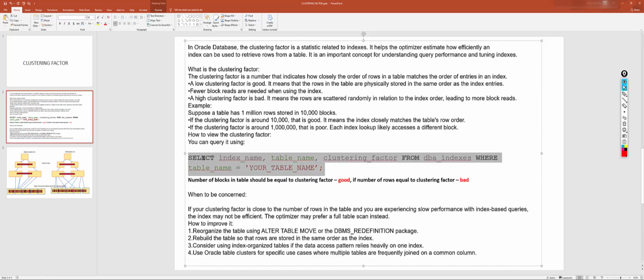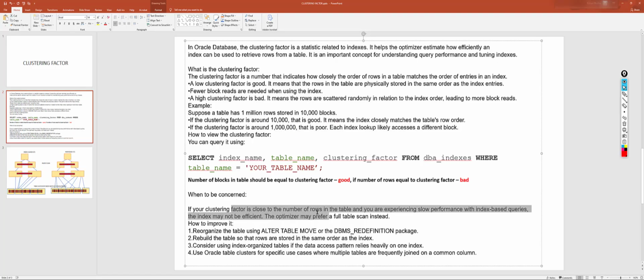Okay, so this is the query to check the clustering factor of an index. We cannot always say that if the clustering factor has some value, it is bad. But whenever we are facing a performance issue, or we see that the number of rows, say a million, is equal to the clustering factor, then we need to take some action.